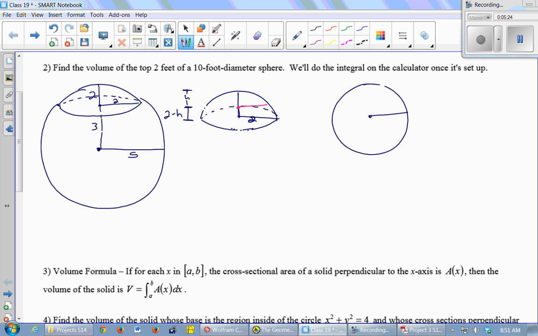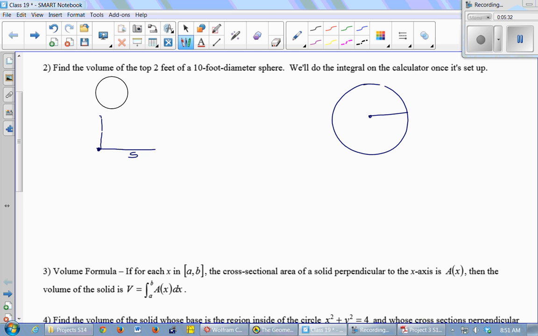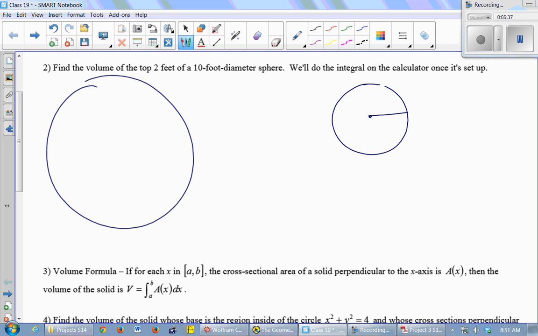So I have to draw this actually in the sphere. You'll find that in this geometry section, I'm terrible at drawing, and sometimes I have to redraw things a few times.